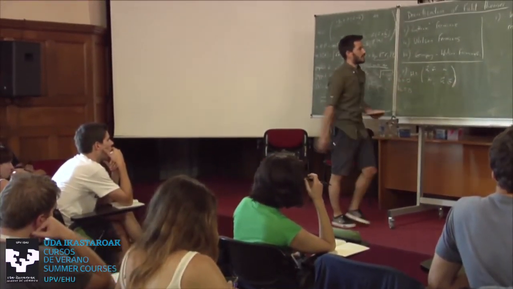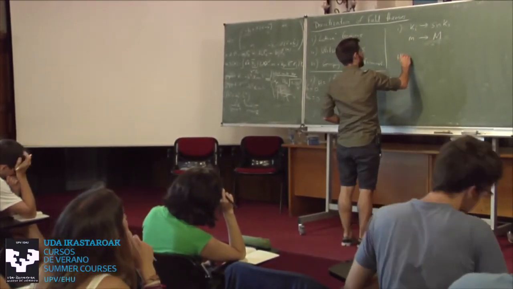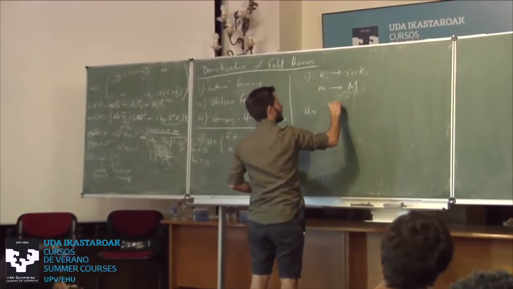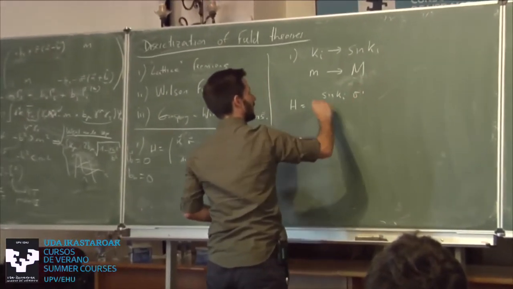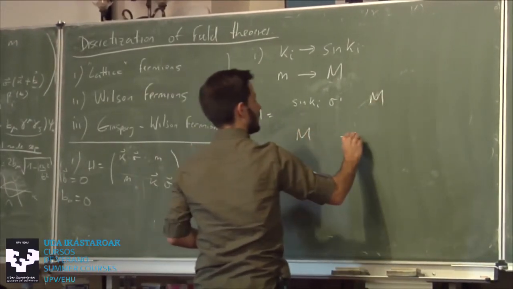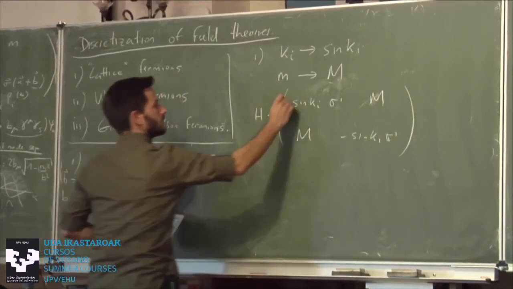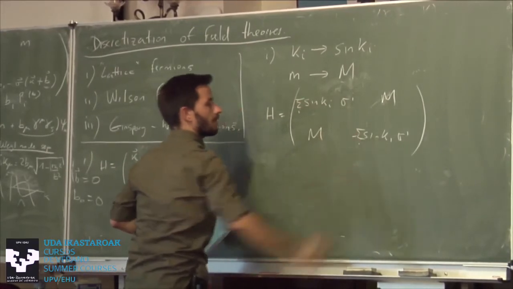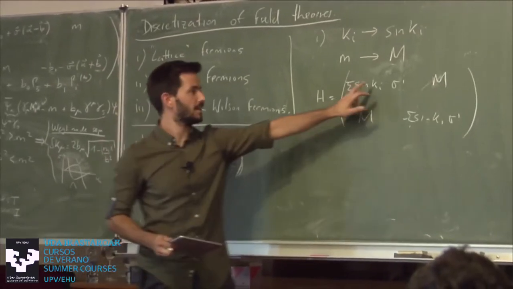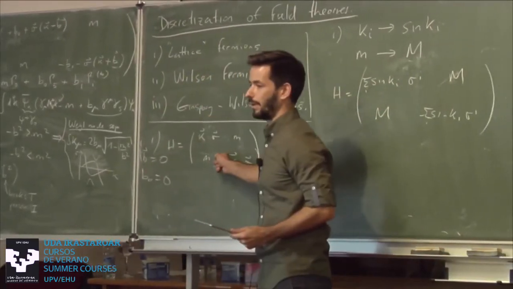So I can do this, and immediately you realize that if I expand, I get a Hamiltonian that would look like, simply, sum over i of sine k_i sigma_i plus M. Now, if I expand around gamma, then I'll get k_x times sigma_x, k_y times sigma_y, k_z times sigma_z. And I'll get back to this guy, right?